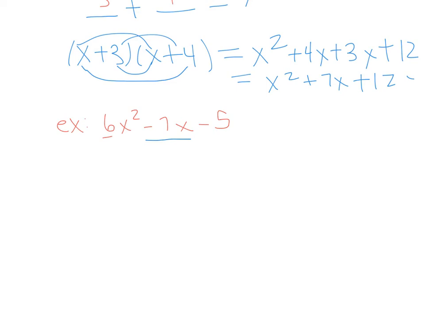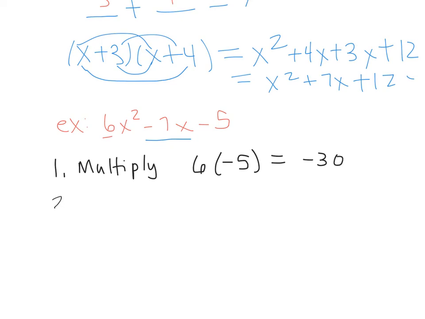For the method I'm going to show you, the first step is to multiply the leading coefficient times the constant term. That gives us a negative 30.